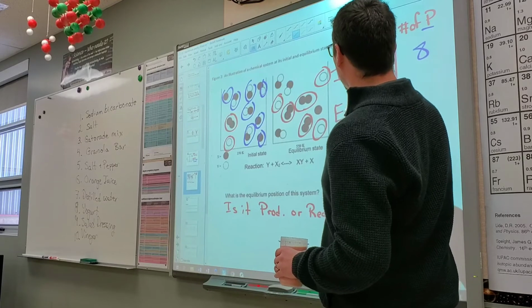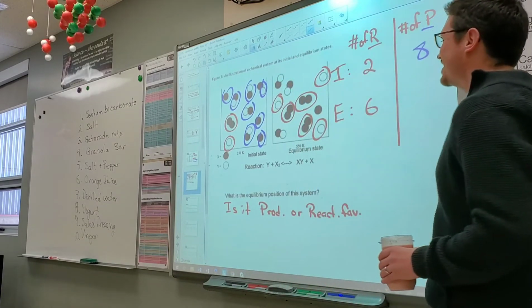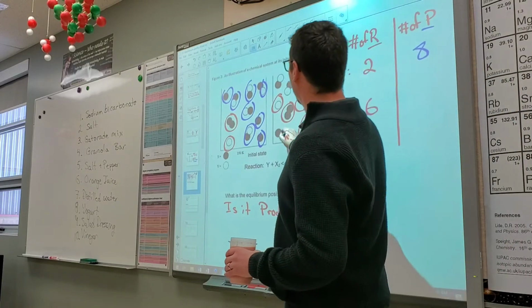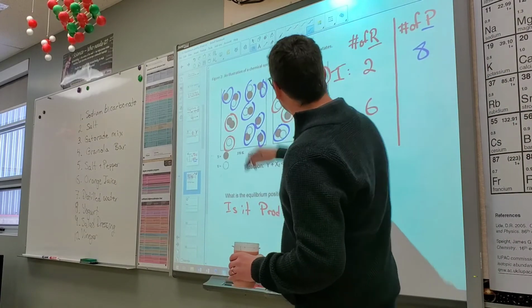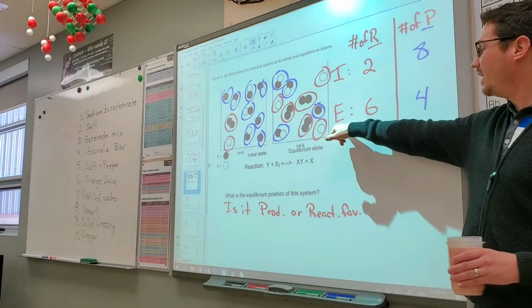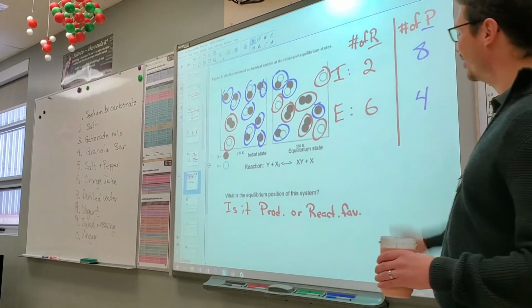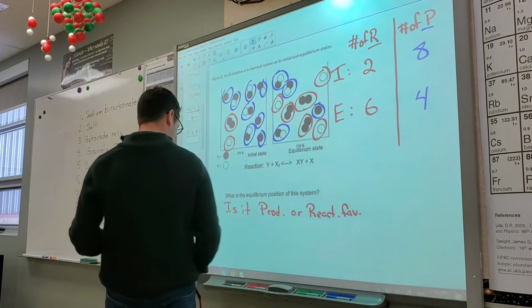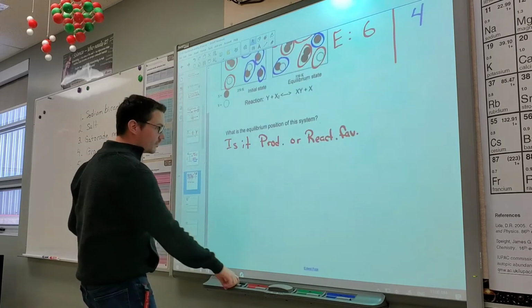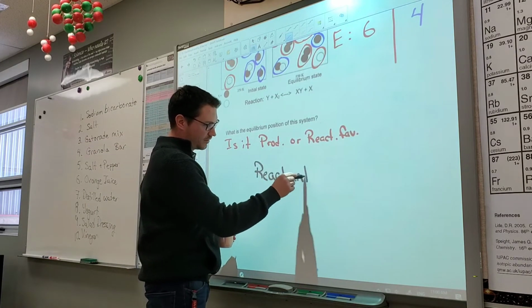So at equilibrium, I see 6 of them, and hopefully that means there's 4 of these. Would you agree, at equilibrium, the reactants are favored over the products? Hallelujah. There you go. So we can say reactants are favored.